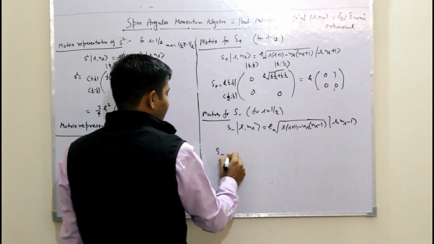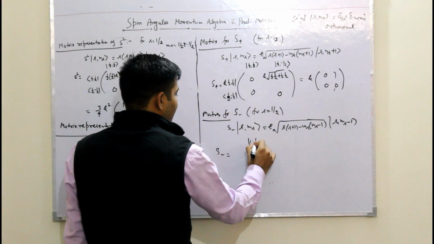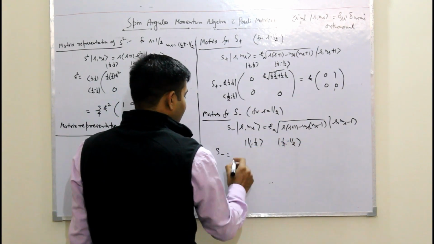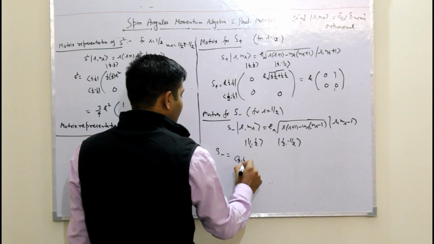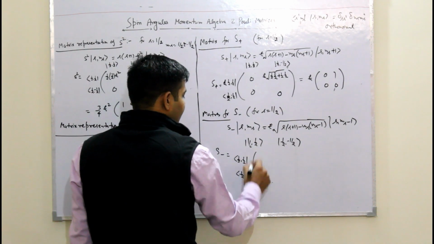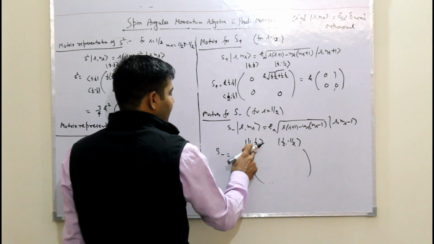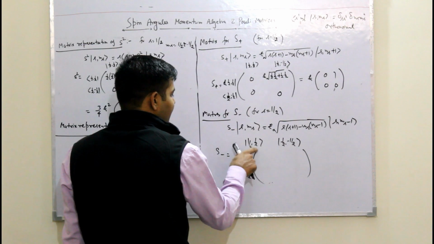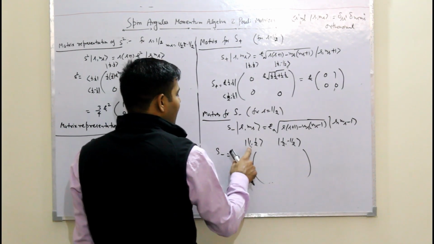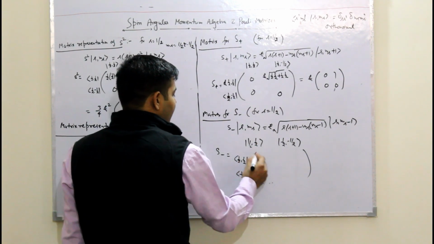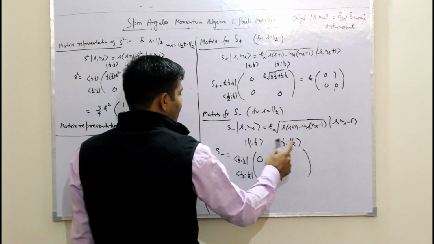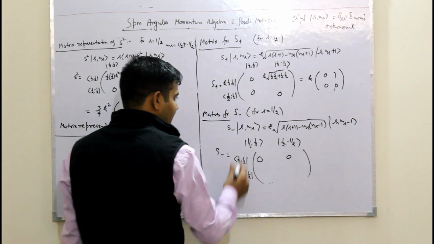So the matrix would become, with the states half half and half minus half along rows and columns. This will be a 0 element, because when s minus acts on it, it reduces ms by 1, making a state of half minus half type, which will give 0 with this. Similarly, when s minus acts on this, it gives a state of half minus 3 by 2 type, which is not allowed here for s equal to half.